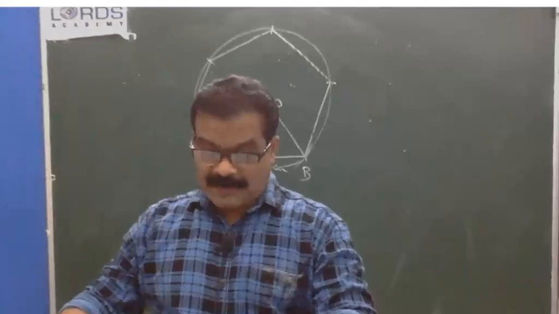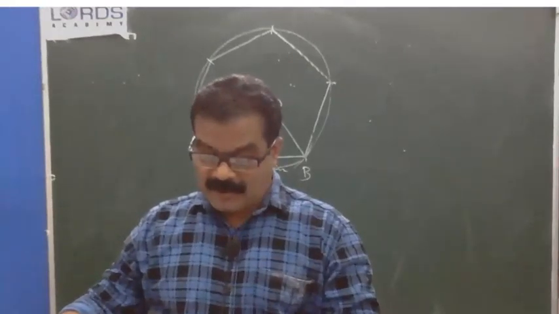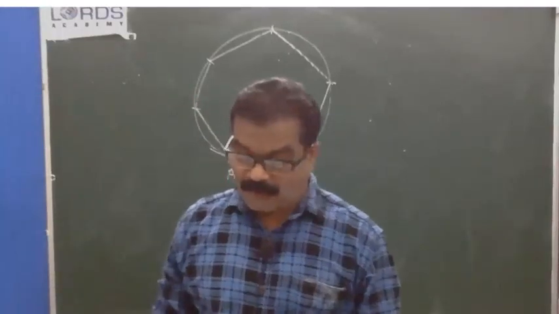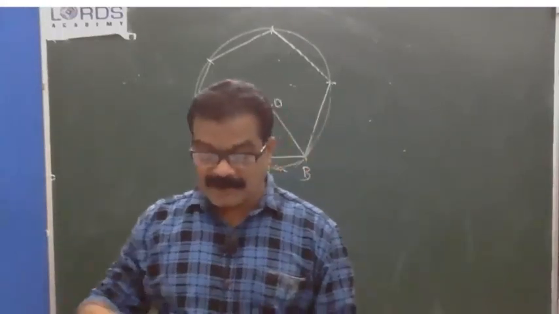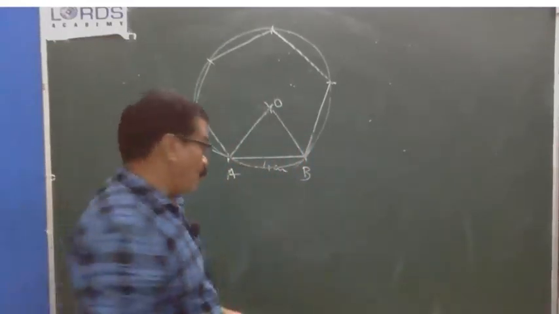Find its incenter and mark it I. With I as center, draw a circle which will cut off 2 centimeter chords from each side of the triangle. You take question number 12, all of you.